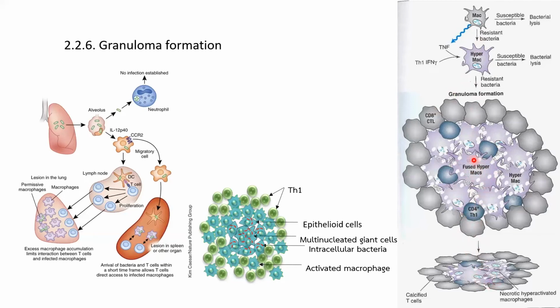But if we cannot clear the infected cells inside the macrophage, our body will gather all the T cells and macrophages and form a granuloma to limit the macrophages to stay at that site and not spread to other areas.